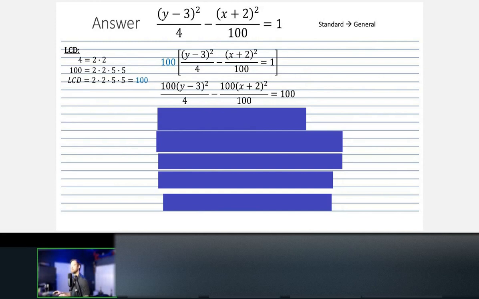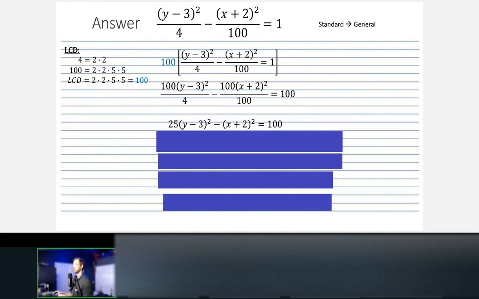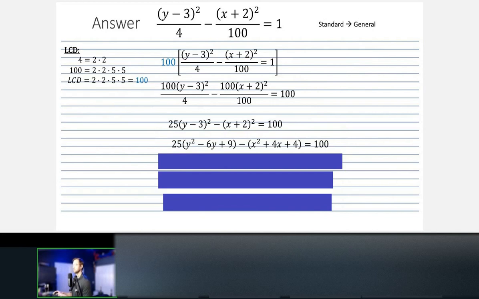Multiply by 100, simplify the fractions, expand the binomials, distribute the 25 and the negative respectively to their binomials. Combine like terms so that 225 minus the 4, and also reorder.